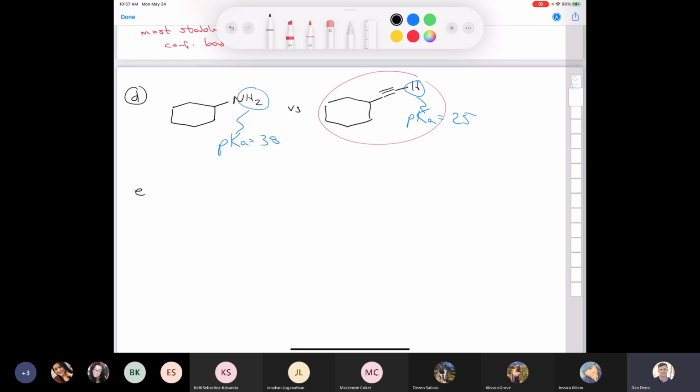For E, you have a carboxylic acid, this, and then you have a peroxy. This is called a peroxy carboxylic acid. So you add an extra oxygen in there like that. So can anybody tell me which one they think might be the strongest acid here?